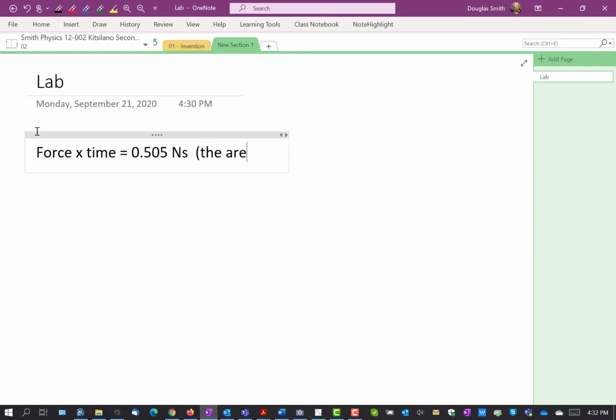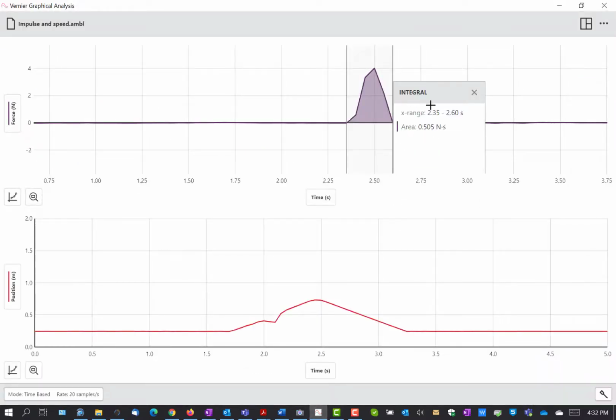This is the area under the force time graph. And I think that's about the only useful thing we can get off of this graph, the peak force and then the area. The slope, I'm not so sure that matters so much.